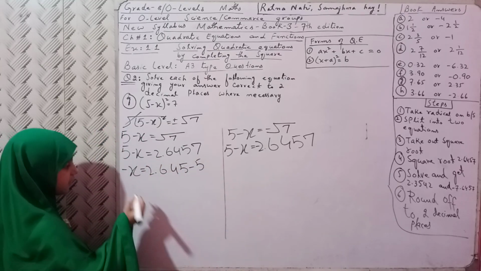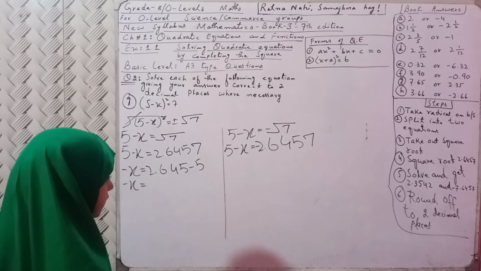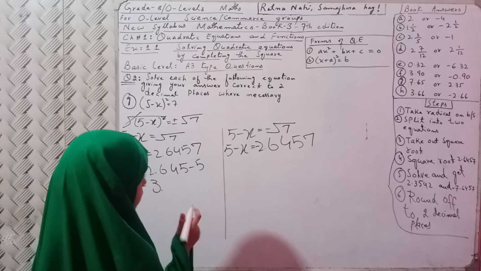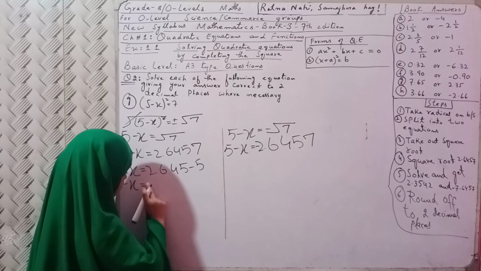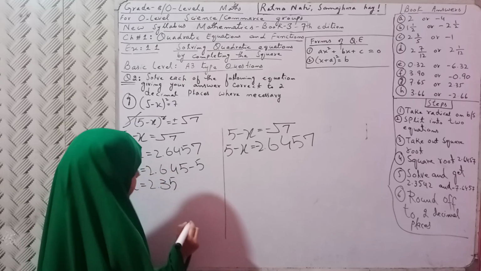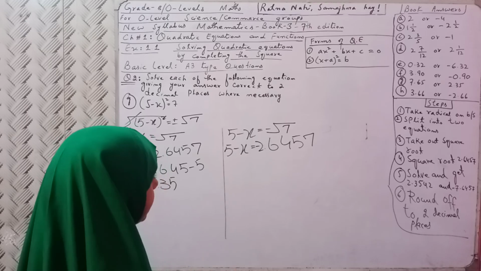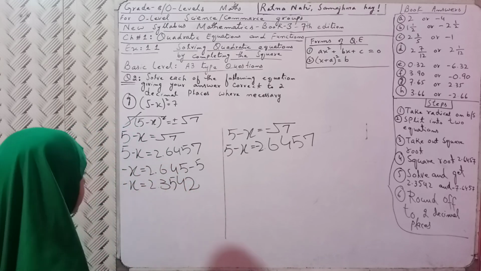Then we will do the plus minus. So here will come minus x is equal to 2.35 for the first.